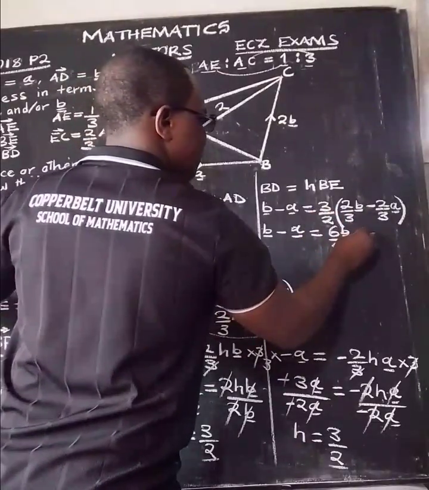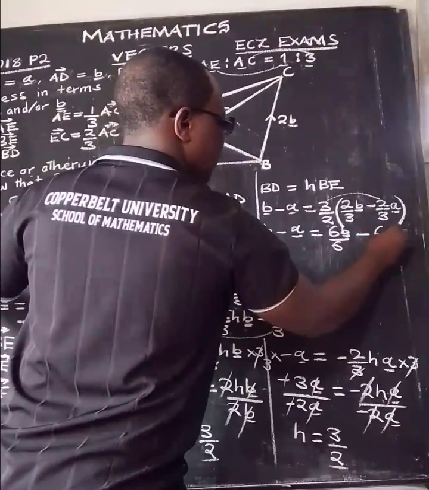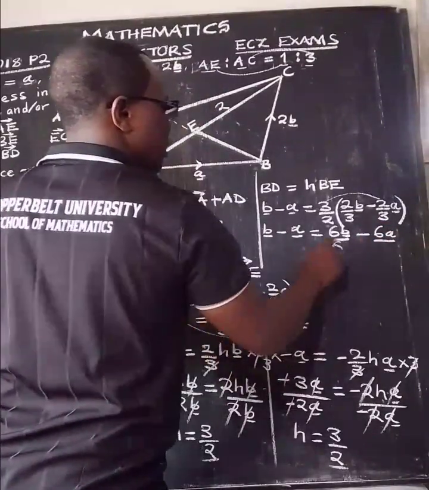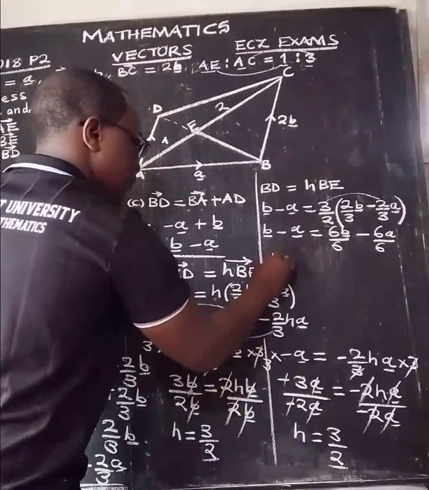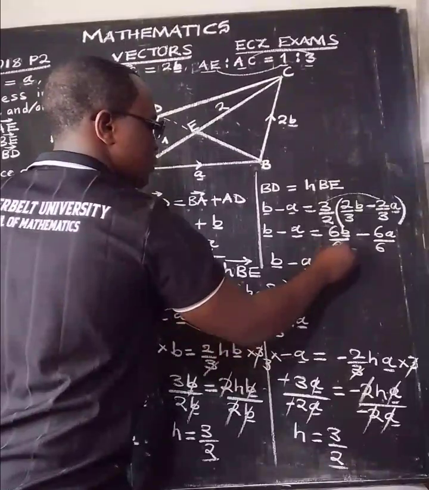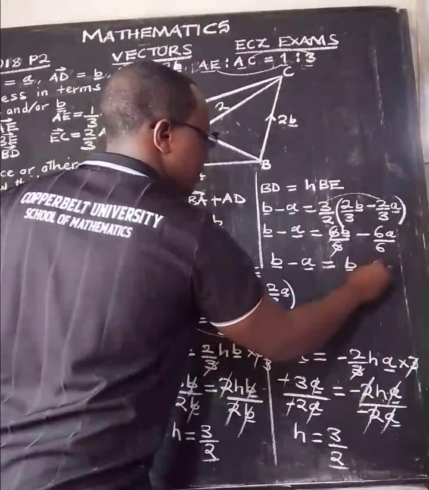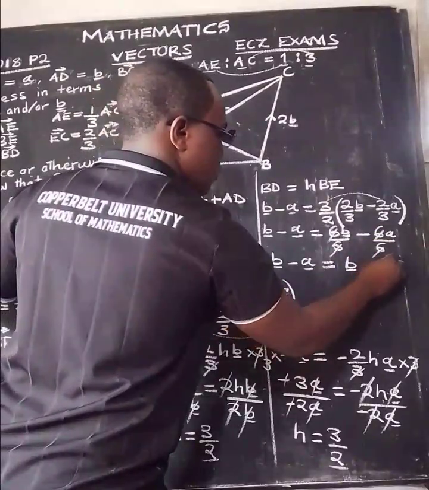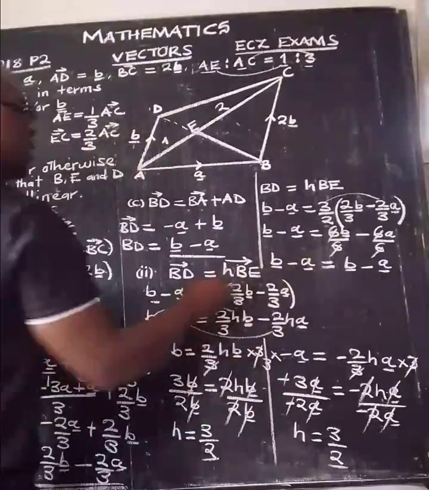Positive times negative, negative 3 times 2, get 6 vector A over 6. So B minus A is equal to vector B minus vector A. You've seen? So these are equal.